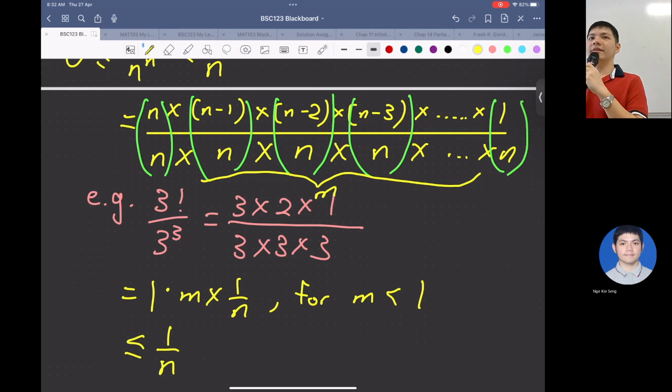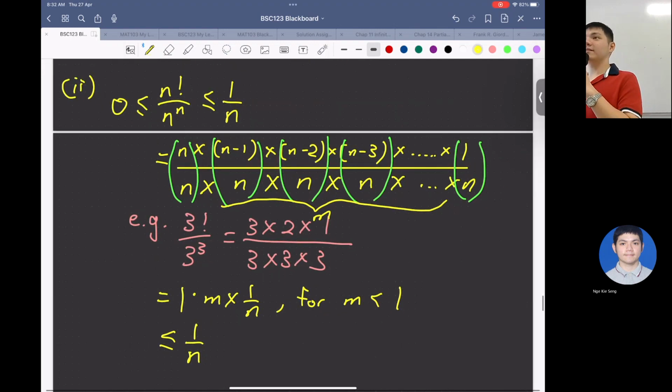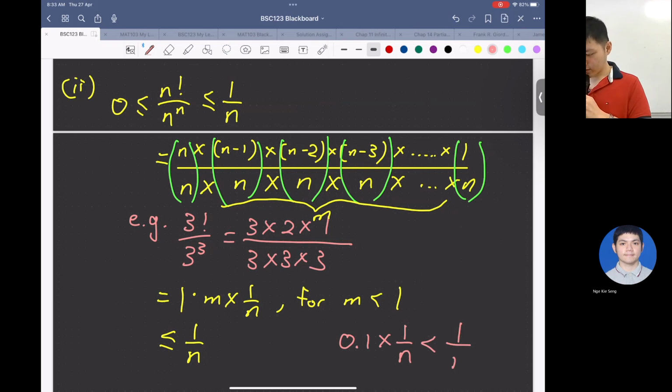Does that make sense? m is less than 1, so m over n is less than 1 over n. For example, 0.1 times 1 over n is less than 1 over n. Now make sense?